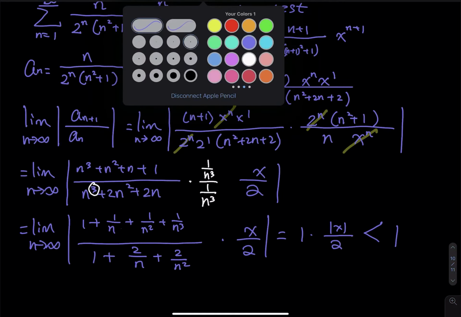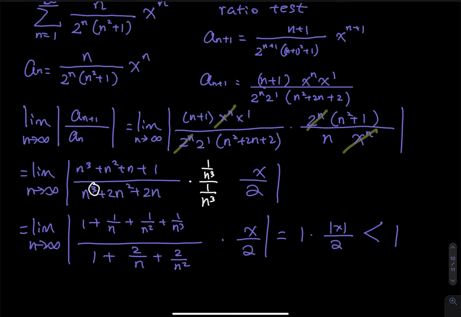Why less than 1? I like to explain this. This is less than 1 due to the geometric series. In the geometric series, you have a common ratio r raised to the nth power. In order for the geometric series to be convergent, we must have the absolute value of the common ratio less than 1.